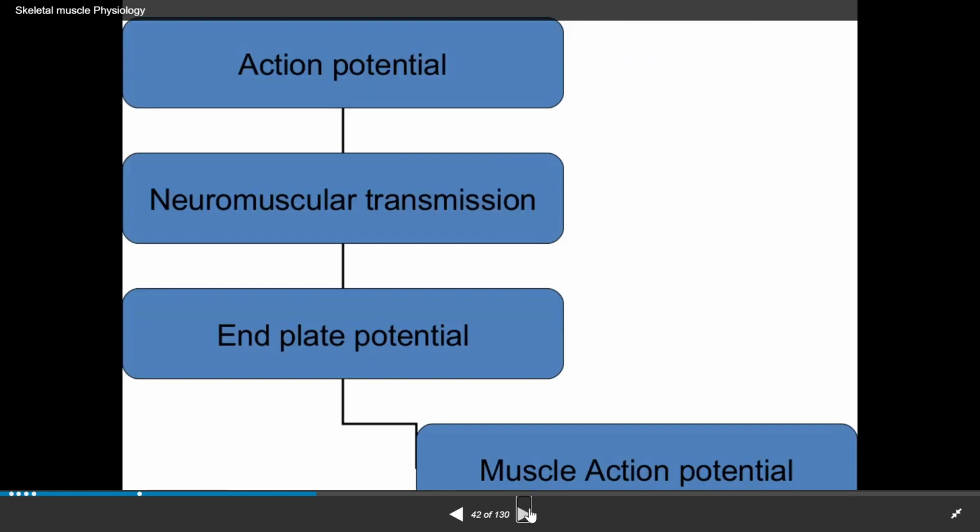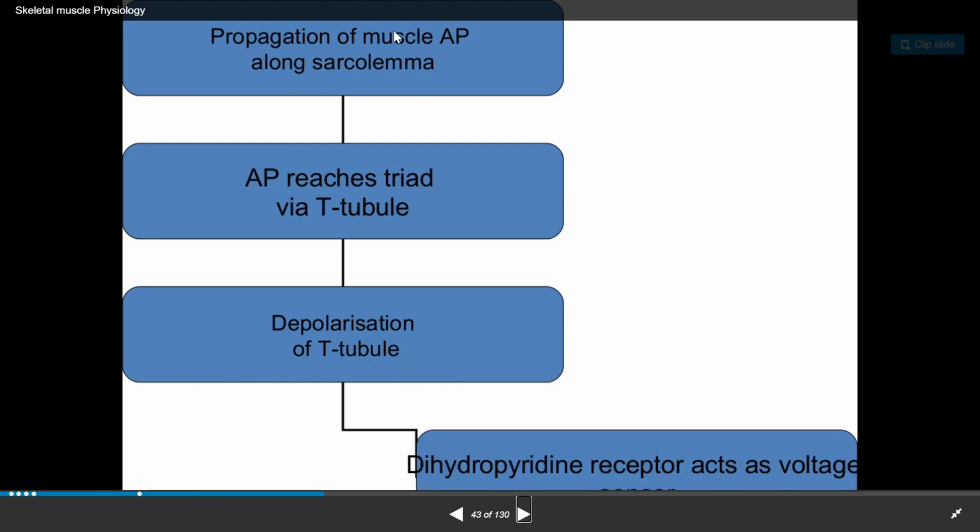So you can see the action potential coming from the nerve will cause neuromuscular transmission, causing end plate potential, muscle action potential, propagation of muscle action potential along the sarcolemma. The action potential reaches the triad via T tubules, causing depolarization of the T tubules.